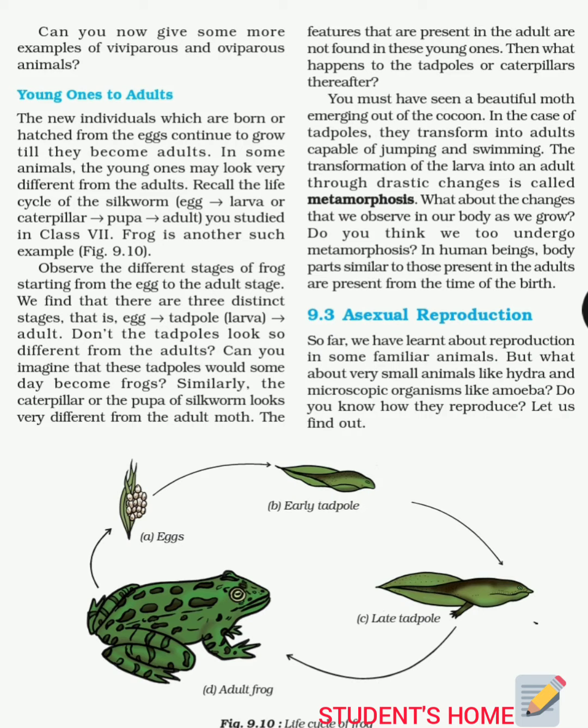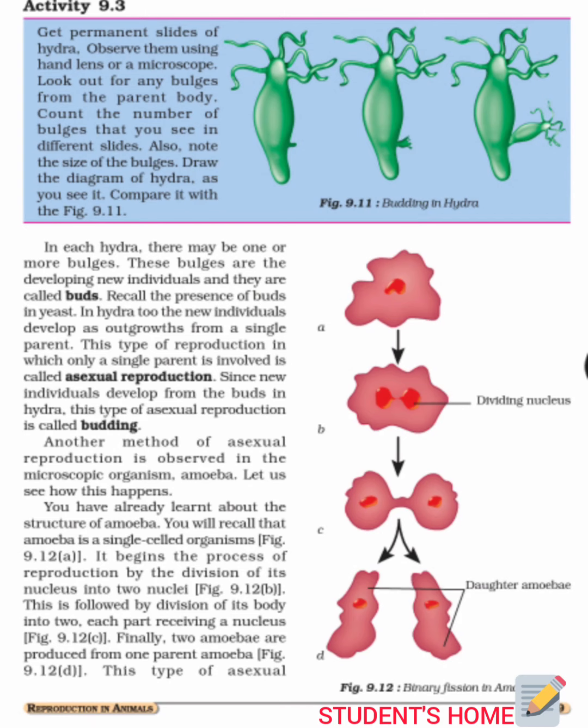Now coming to the next topic, that is asexual reproduction. So far we have learnt about reproduction in some familiar animals, but what about very small animals like hydra and microscopic organisms like amoeba? Do you know how they reproduce? Let's find it out. In each hydra there may be one or more bulges. These bulges are the developing new individuals and they are called buds.